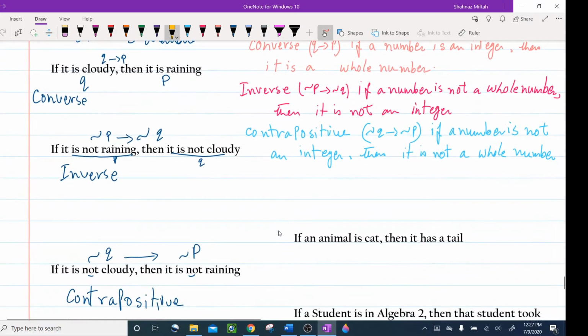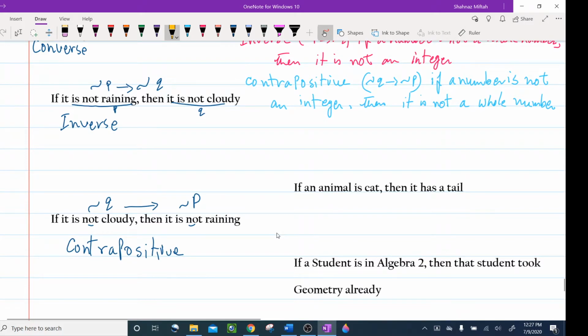Now let's talk about deductive reasoning and inductive reasoning, right? Deductive reasoning is the process of proving a specific conclusion from one or more statements. A conclusion proved true by deductive reasoning, we call a theorem.